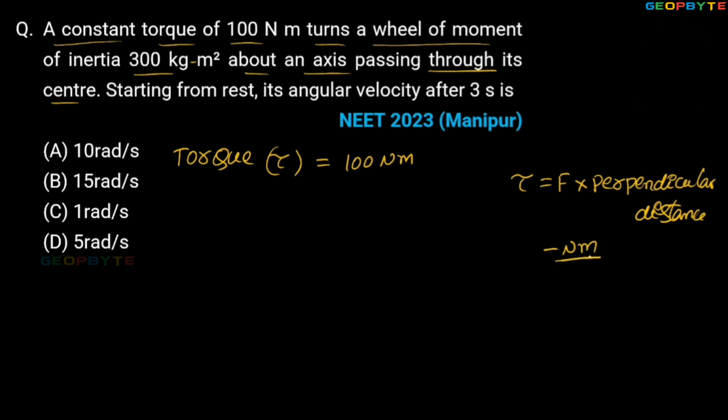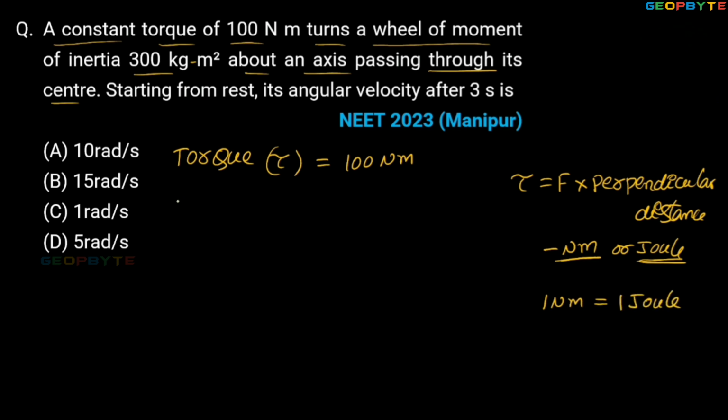Newton meter is the unit of torque. That means torque unit, energy unit, work unit, all remain the same, that is Newton meter. It is also written as joule. 1 Newton meter equal to 1 joule. Remember that point.